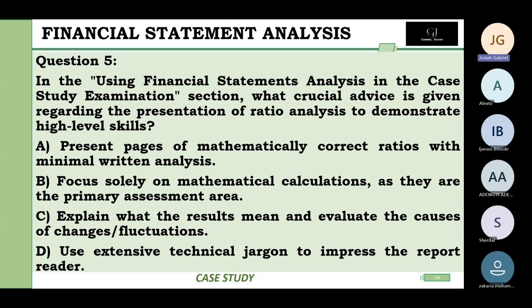All right, AA, what's your pick? C, sir. AA is going for C. All right, so ZM, SH, IB, what are your picks? AT, put your answer in the chat box as usual. Okay, good. All right, AT said C for number 5.